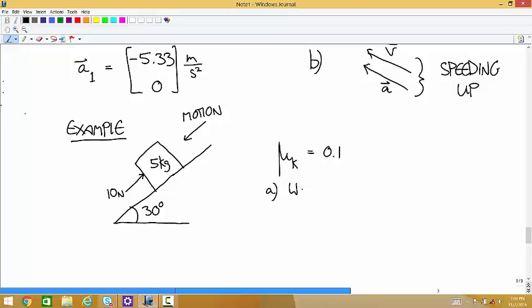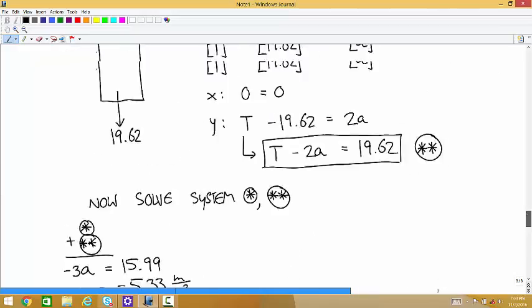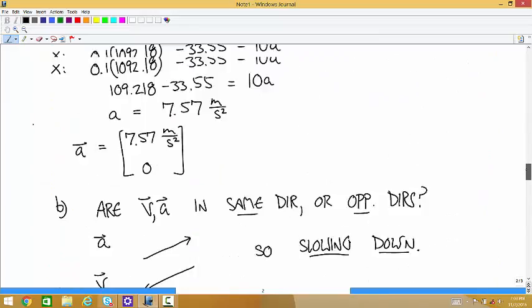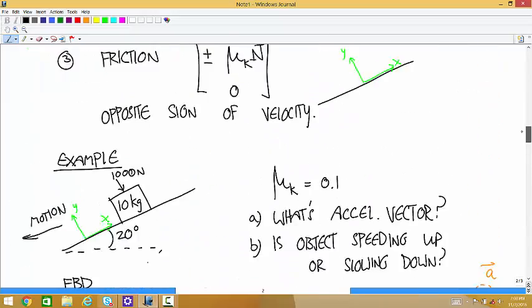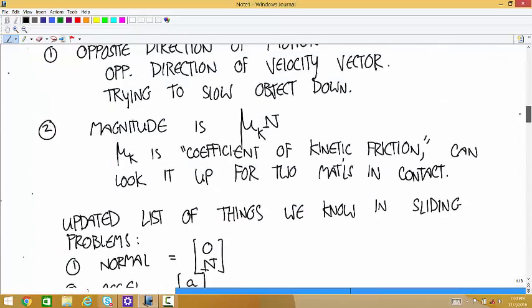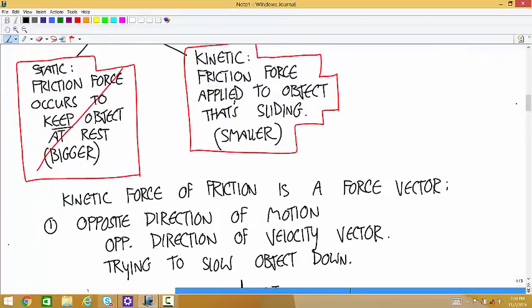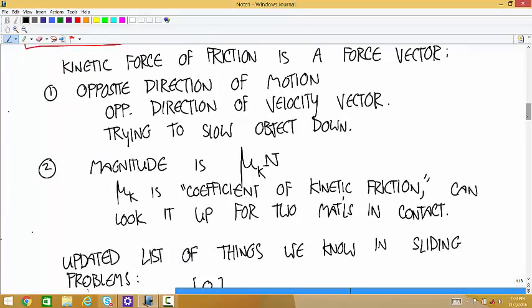Does that have units on it? No, it does not. You know that the magnitude of the friction force is the coefficient times the normal force. The normal force has units of newtons, so the coefficient can't have any units. It's just a number.